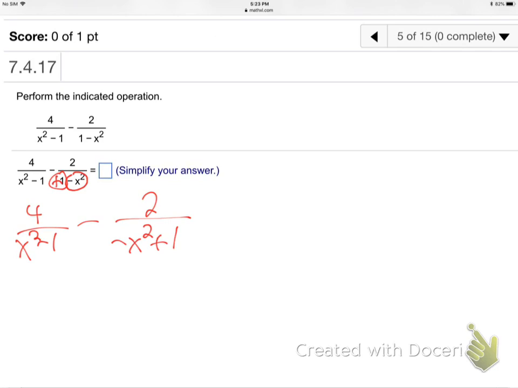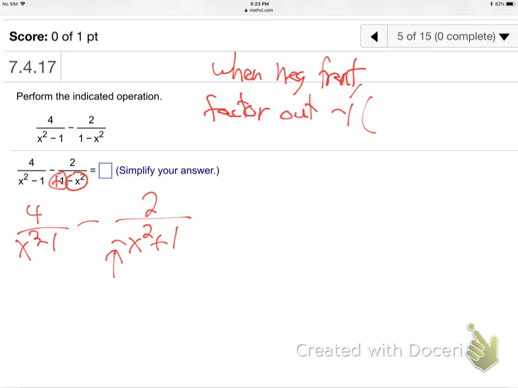That's the first step. Next step is we never leave a negative in the front. Whenever there's, I wrote this out also in the last one, when negative in the front, factor out -1, and all signs switch inside.